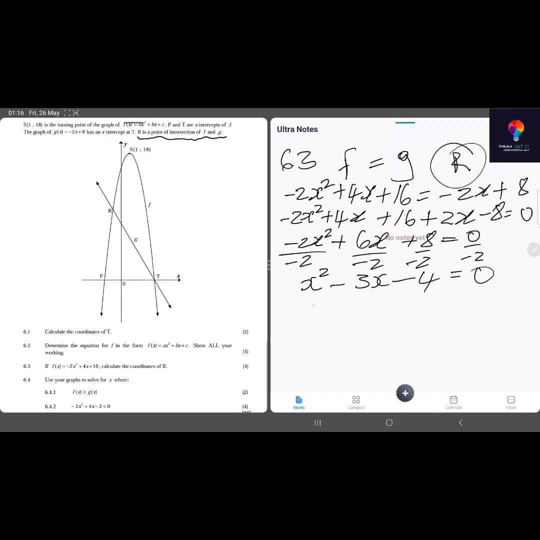Then we have to factorize here to get the value of x. In this case, it's simple.